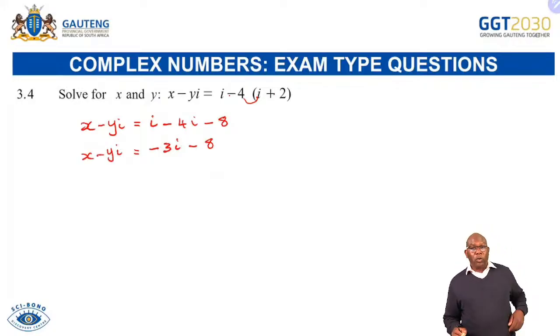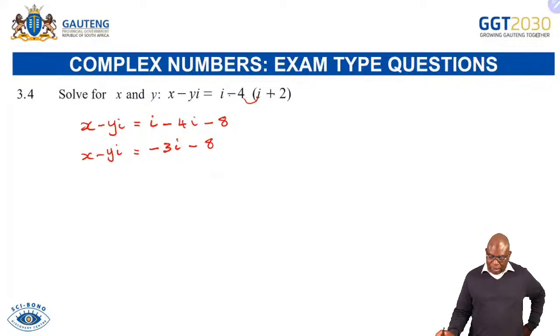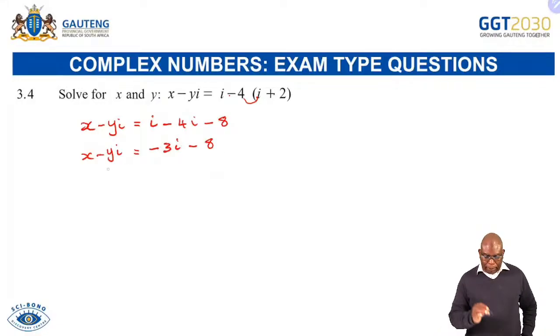What I need to do here, the simple thing to do, is just to equate the real part and the imaginary part. I prefer to draw a line here and say the x value will be equal to the real part, which is 8.